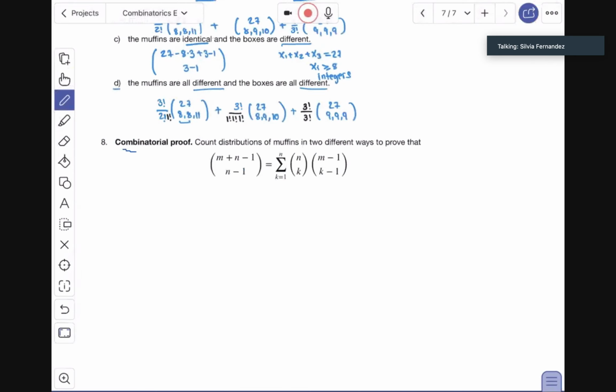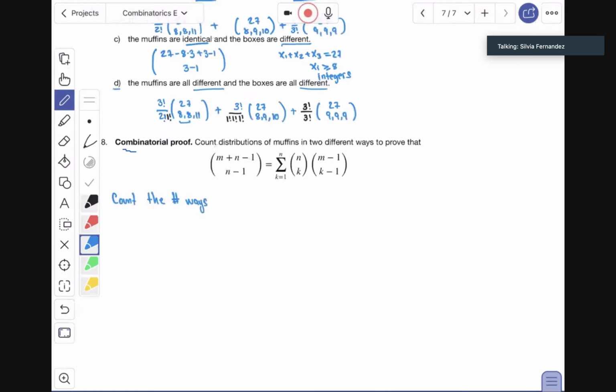And so, finally, for the last problem, a combinatorial proof. So we just need to count two things in the same way. So what we're going to count is the number of ways. If you look at your table, one of the formulas is exactly this one.